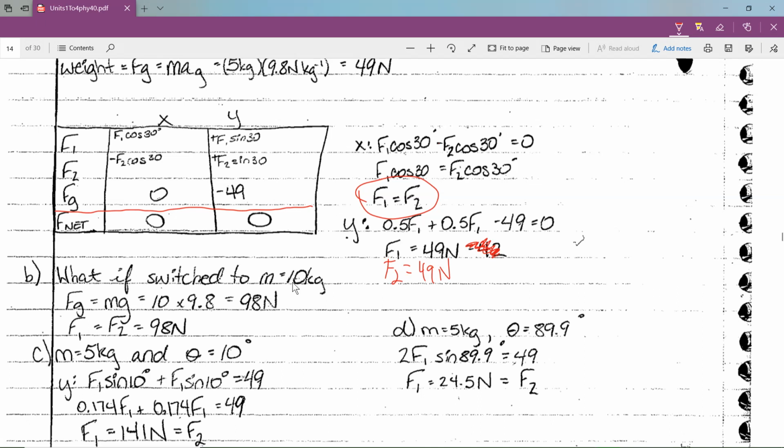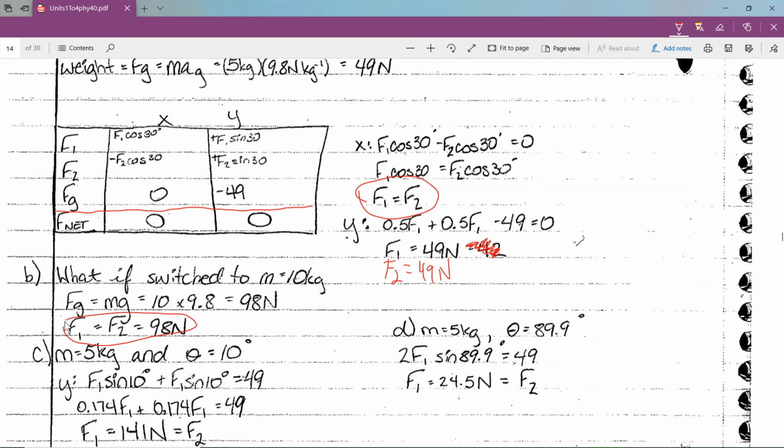If I switch to a larger mass object, 10 kilograms, then the force of gravity would be 98 newtons. So there'd be greater tension. Would there really? Yeah, because you'd have F1 minus 98 equals 0, so F1 equals F2 equals 98 newtons.